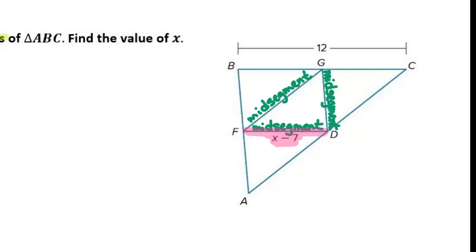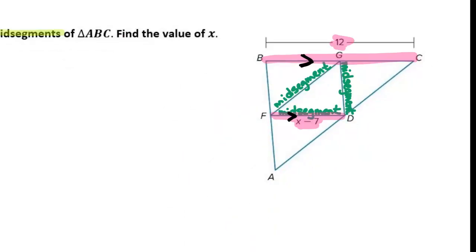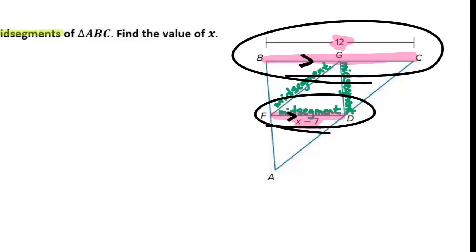What do we know about that segment right there, FD, and this side right here, which is 12? They're parallel, absolutely. So I can put my parallel markings on them. How many segments the size of FD fit in BC? 2.